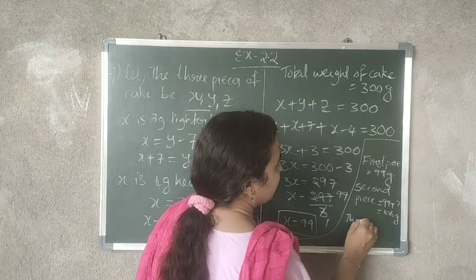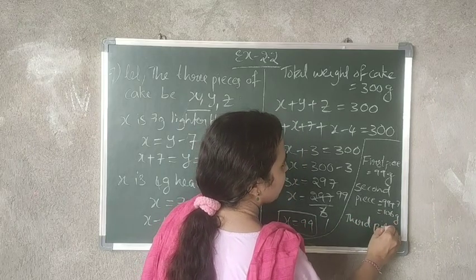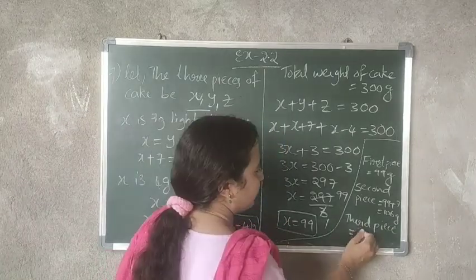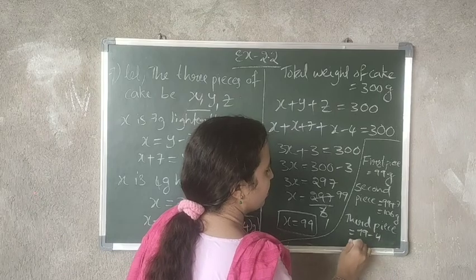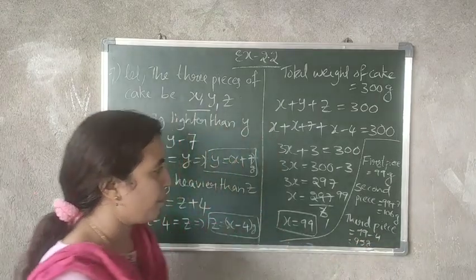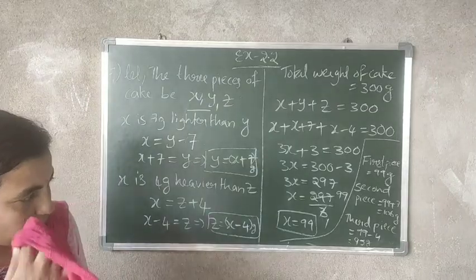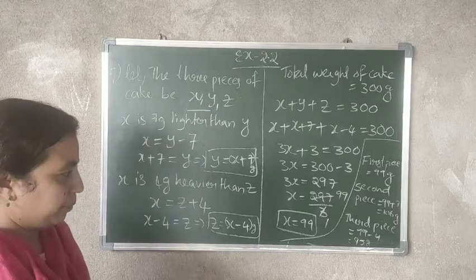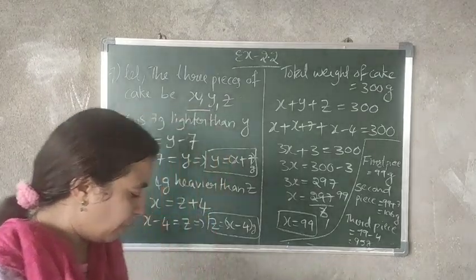And the third piece, x minus 4, 99 minus 4, 95 grams. Okay, yes, if you add all, you'll get 300 grams of cake. Yes, that is the 7th problem.